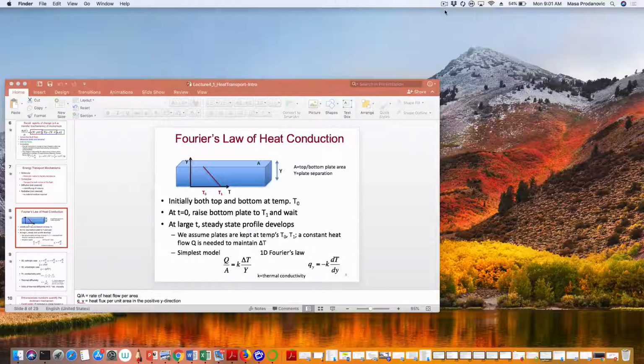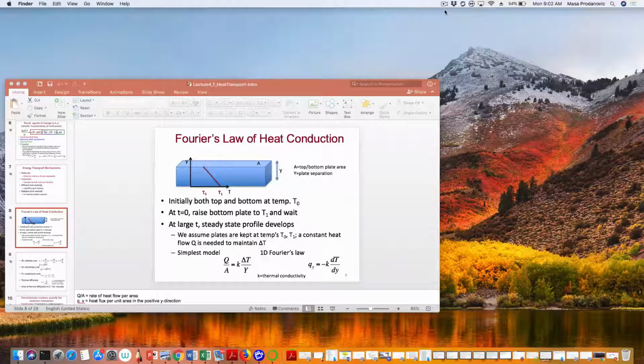It's one of the simplest and most used laws, basically connecting flux and the gradient that is causing the transport in a linear way. So essentially, in the simplest model, which is one-dimensional, we have flux that is transported from the place of higher temperature to the place of lower temperature, and it is proportional to the gradient of this temperature.